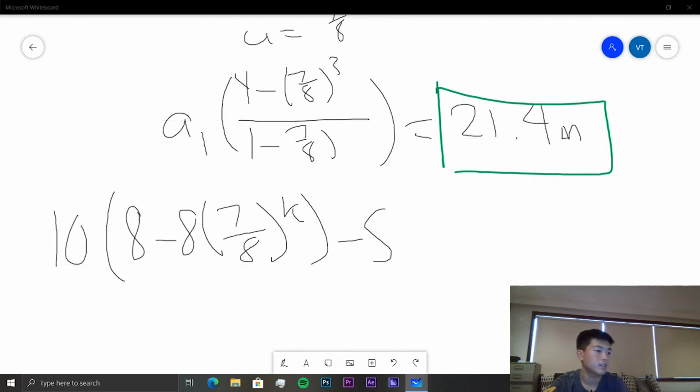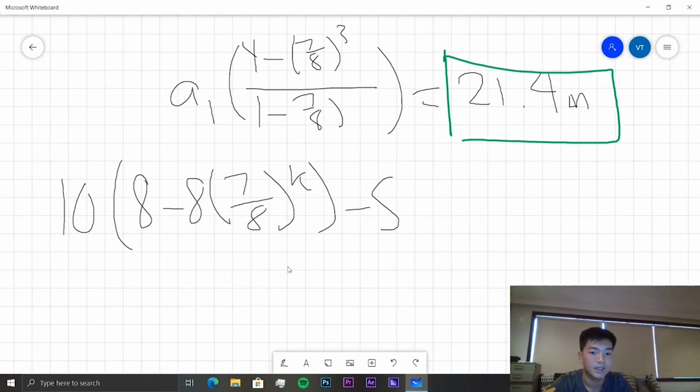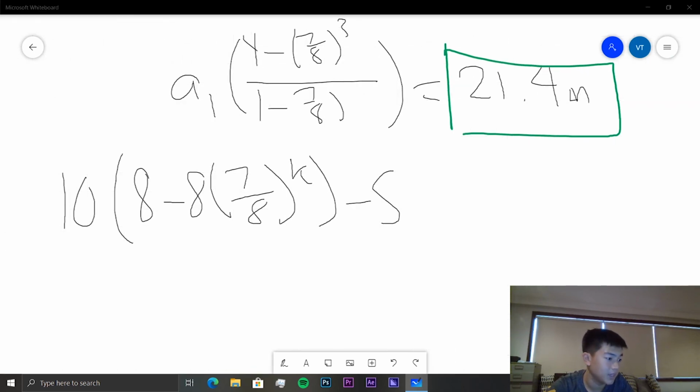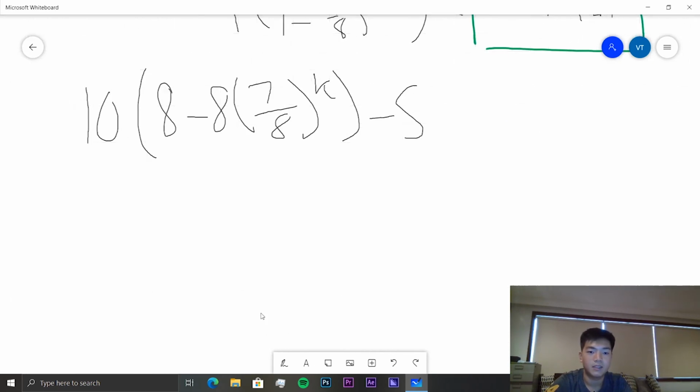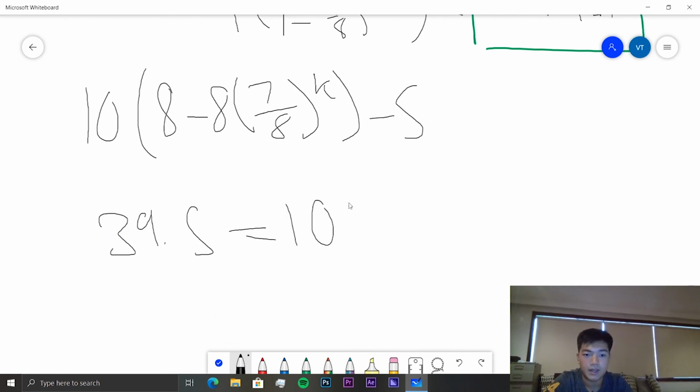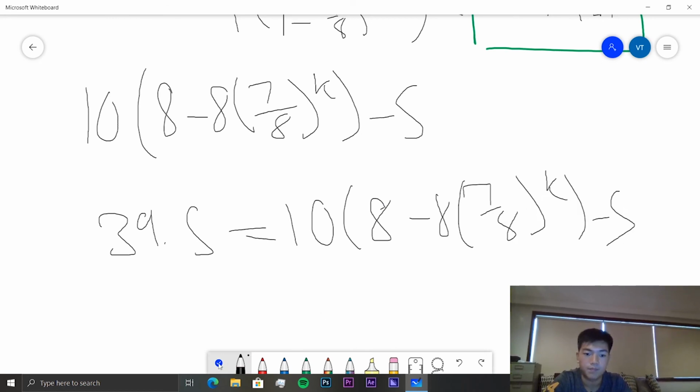Actually, I think we need to start at one below this. Yeah, this is 21.4 meters. And so I'm getting this expression. The book gives, I think, something a bit different, but that's okay. And now 39.5 meters, so we have to say that 39.5 is equal to 10 times 8 minus 8 times 7 over 8 to the k, minus 5.